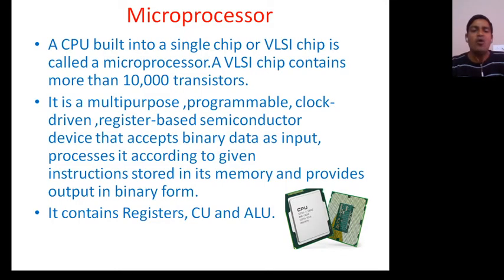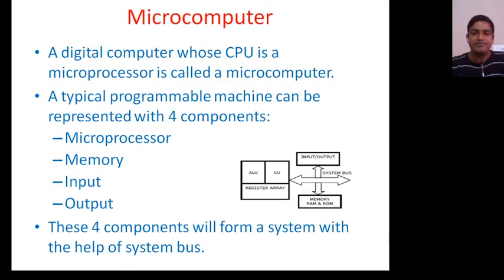If we combine all these, a microprocessor is a multi-purpose, programmable, clock-driven, semiconductor, register-based device, and it takes data in binary form, processes it according to the given instructions, and produces the result as output. Okay, this is your microprocessor.